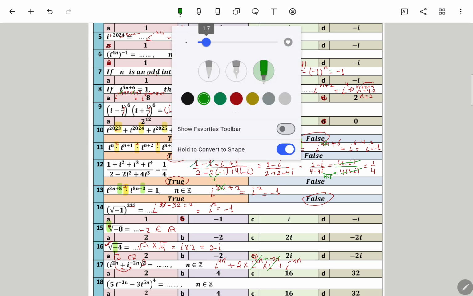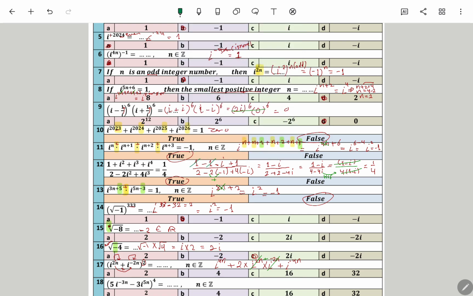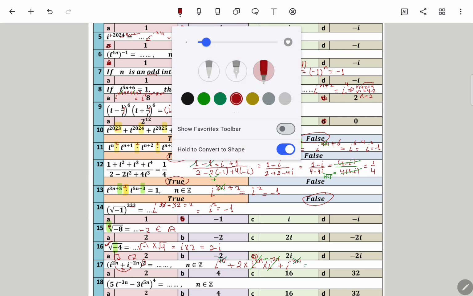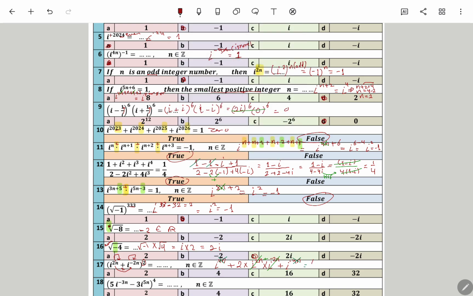So what is left is i to the power of 4n, which also can be cancelled because it is a multiple of 4. But that will give you 1, and this also. So we can get 1 from the first term, and 2 from the second term, and 1 from the last, and that will give you 4.